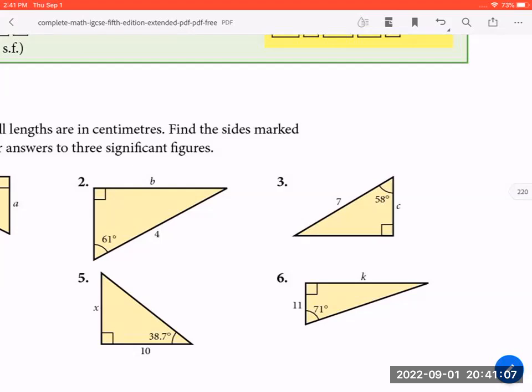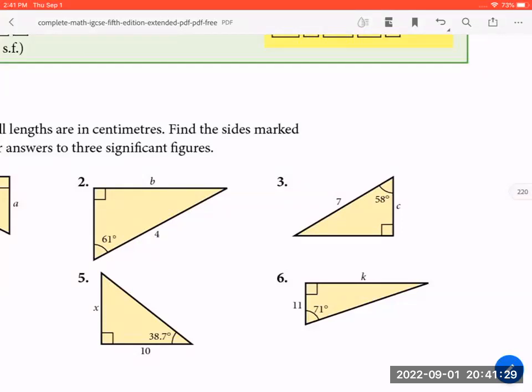Okay, so we have 38.7 degrees, and we need to find the opposite, and we have the hypotenuse. Opposite over hypotenuse is equal to sine.